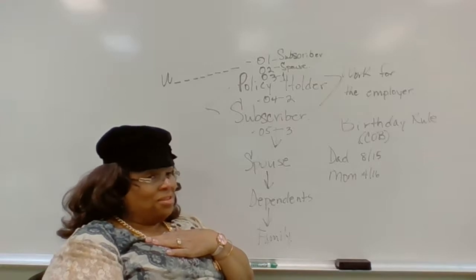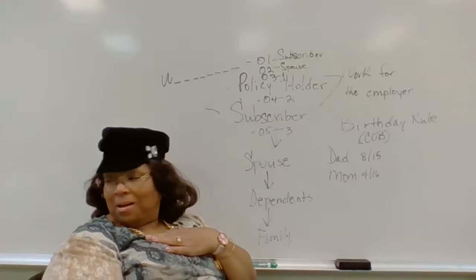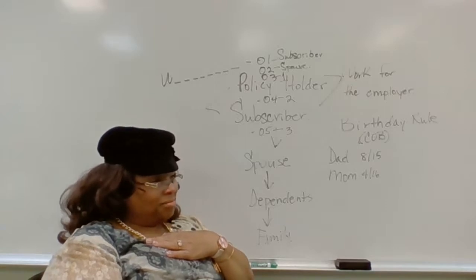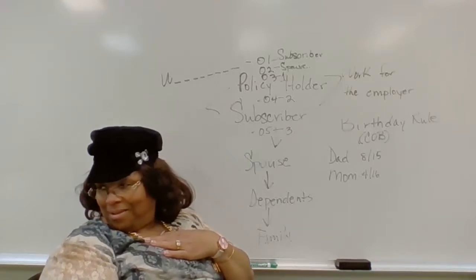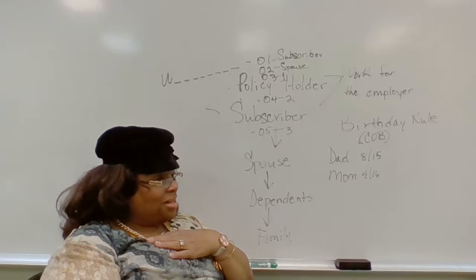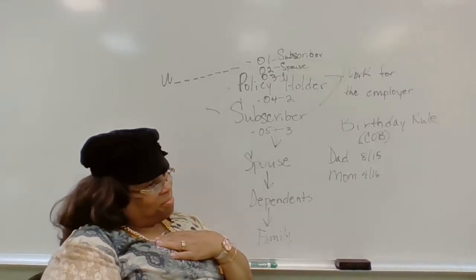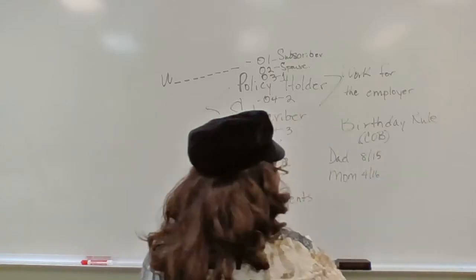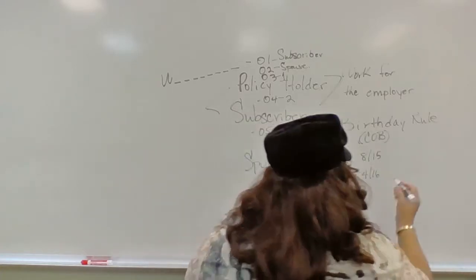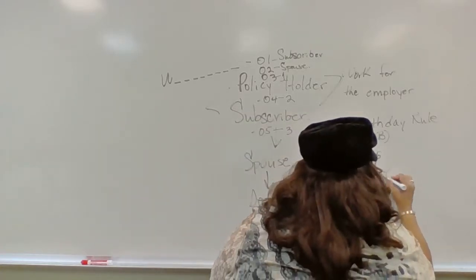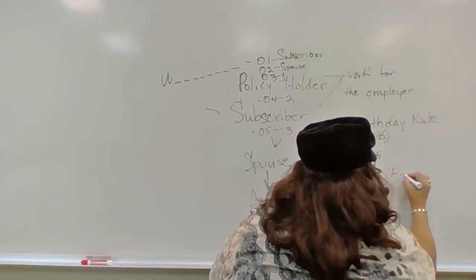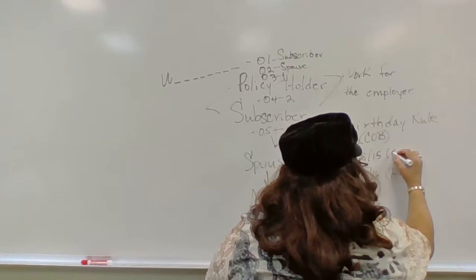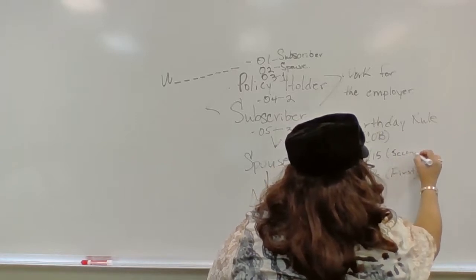So I better have good gifts, because if I get a messed up gift, that means daddy's gonna get a messed up gift. So if daddy wants a good gift, daddy's got to sow into mama a good gift, right? All right, take note. My birthday, April 16th, will come first. His birthday will come second.